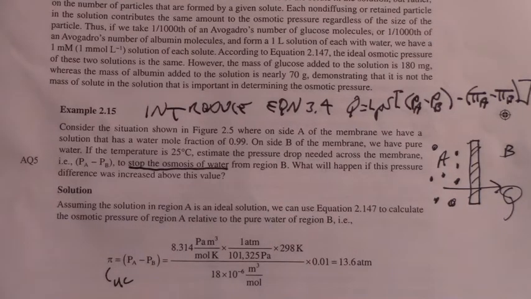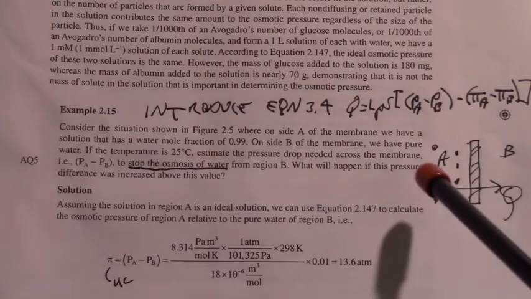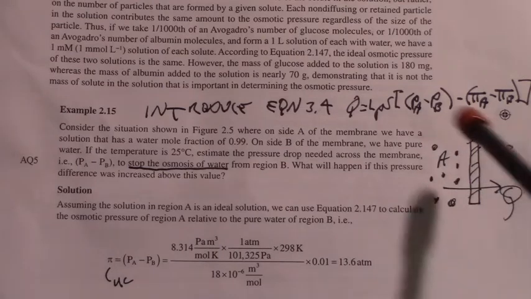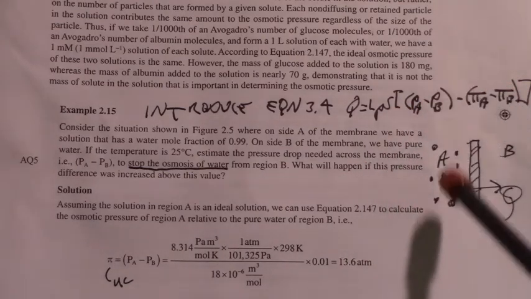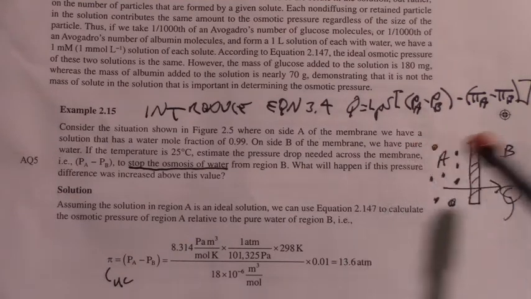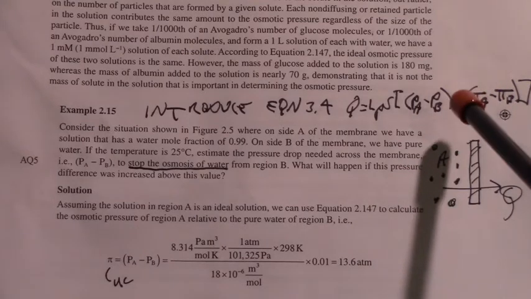Van 't Hoff's law. So if we have a real high pressure on this side of the membrane, which is forcing the water to filter to the right due to this pressure difference, and we have a retained solute over here on side A, that's going to generate an osmotic pressure, which is going to cause a back diffusion of the water. So that's why we have the minus sign here.